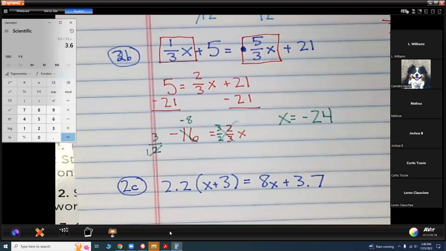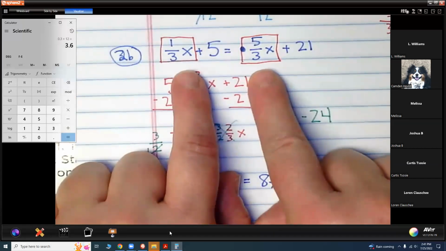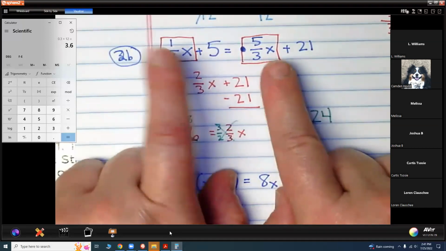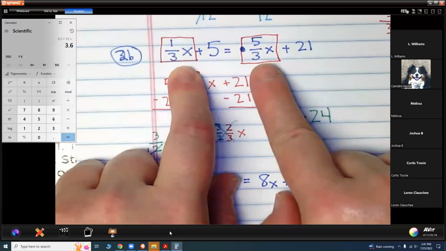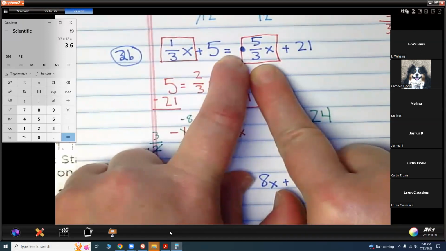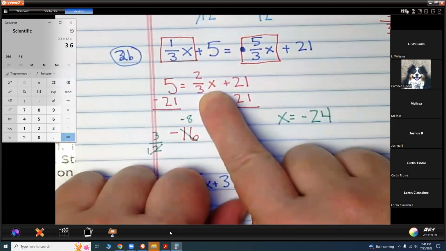I don't make sense of it. Okay, just a second. All right. So if we look here, we've got 4 terms. My 1/3 x term and my 5/3 x term, because they're on opposite sides of the equal sign, I need to combine them before I can solve the equation for x.